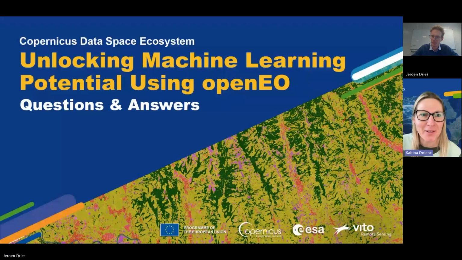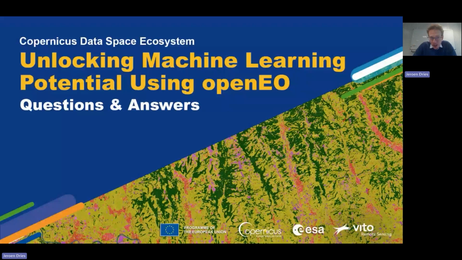We are slowly getting out of time, so maybe just the last two questions. Do you support other data, Landsat, Harmonized Landsat Sentinel, or only the amazing Copernicus data? Yeah, on CDSE, we support what is available in CDSE, and they do have Landsat. This was a recent announcement, but not the full Landsat archive.